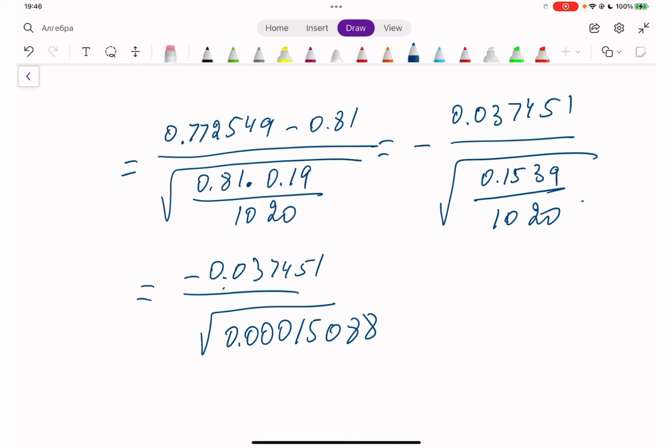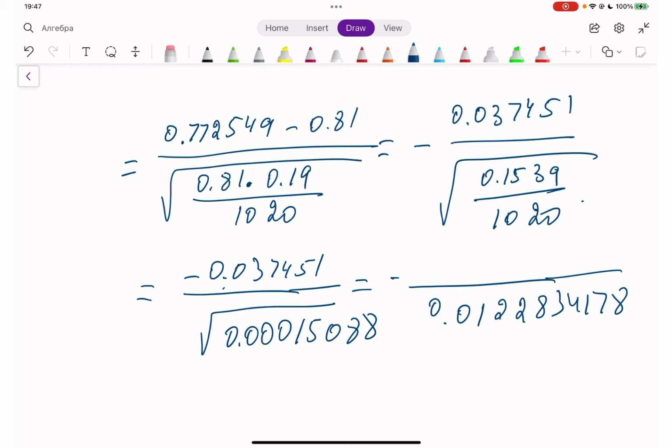Now we need to take the square root of the denominator. Let me take the square root. Okay. And this is giving me 0.0122834178. Okay, this is long enough.